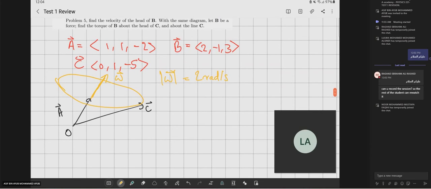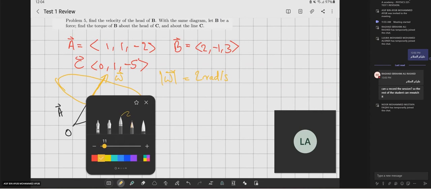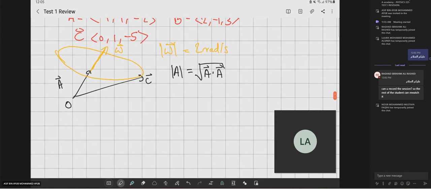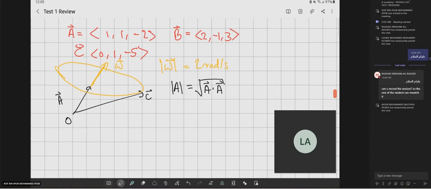So let's first find the length of A, which, if you remember, is given by the dot product, i.e., the length of A is the square root of the dot product of A with itself. So what's the dot product again? That is 1, 1, minus 2, dotted with itself.